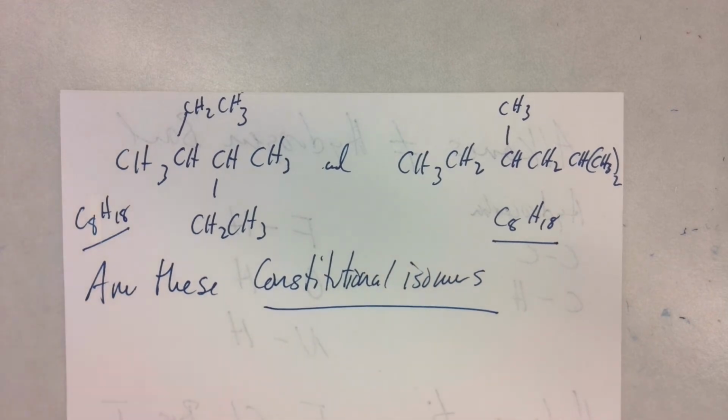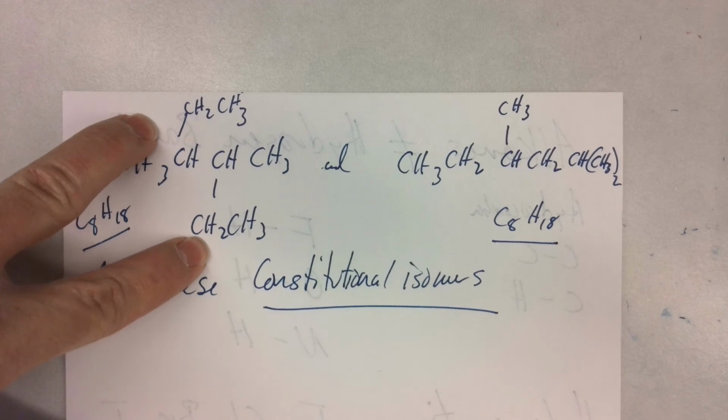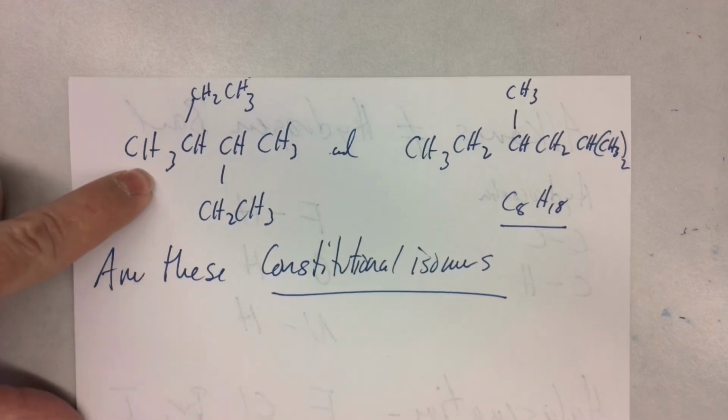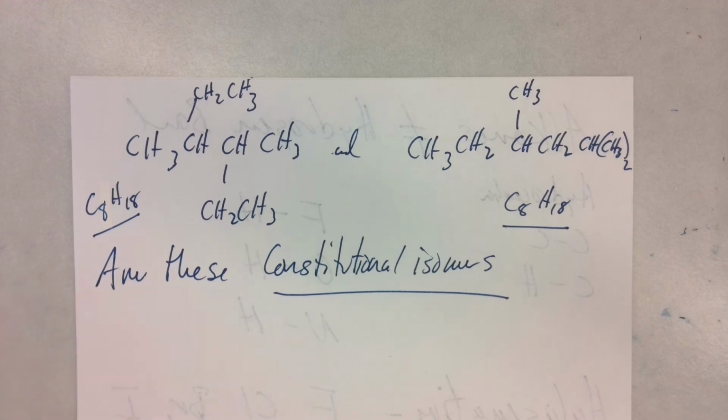So what I would want to do is say, well, what would this really look like if I drew the skeleton structure for it? If I were to give it a skeleton structure, how many carbons would the backbone have?